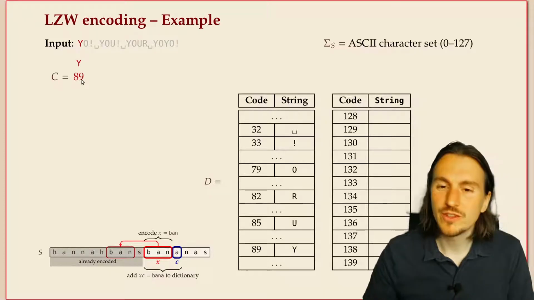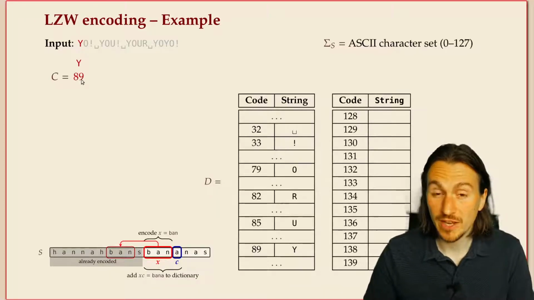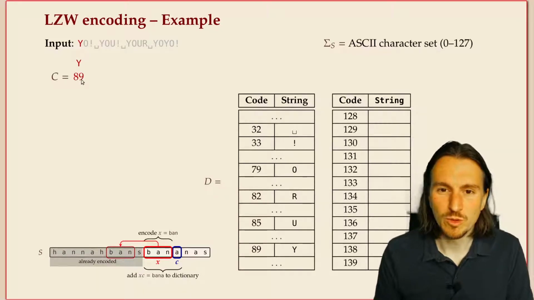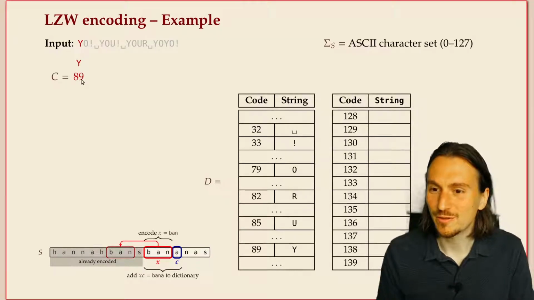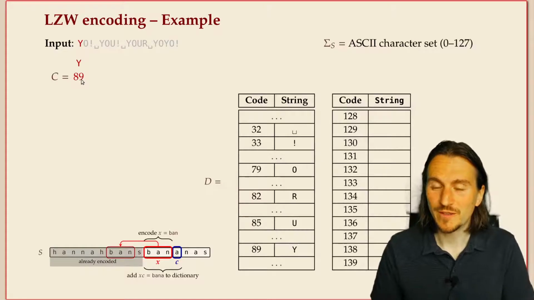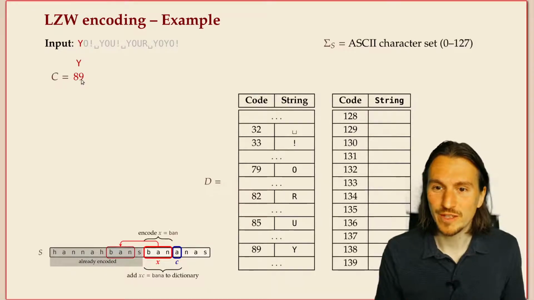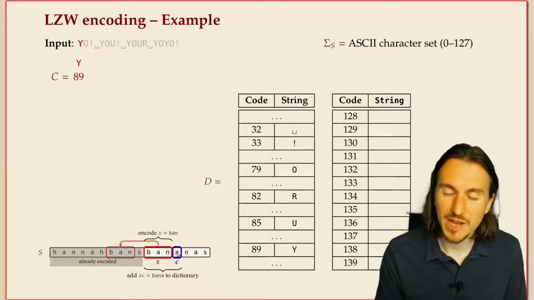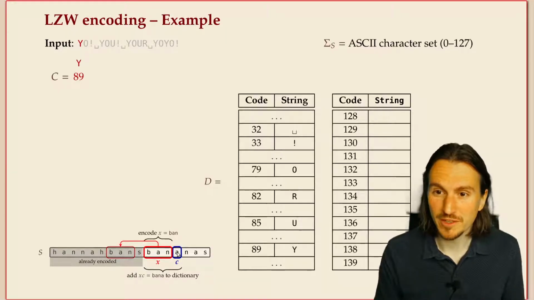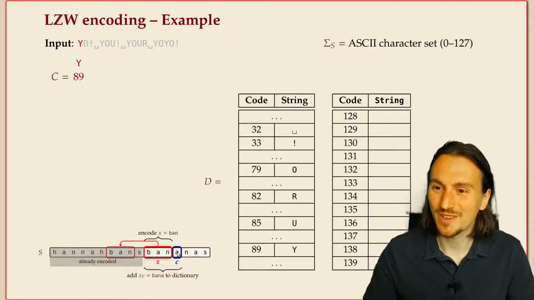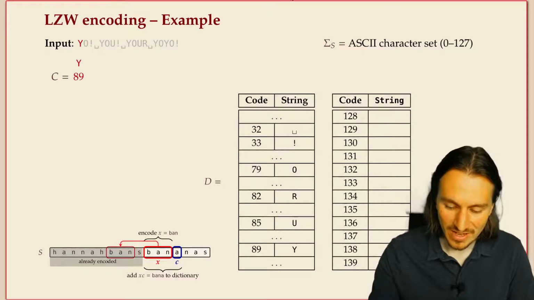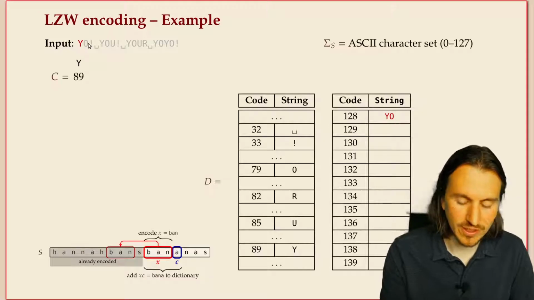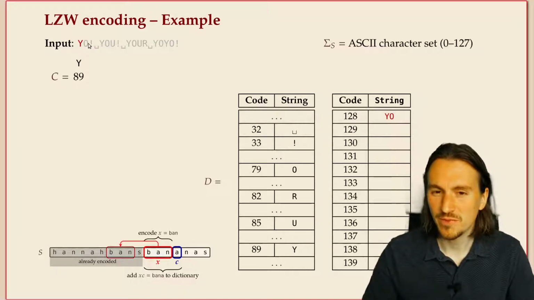So we would first store 89 as our first code word, and then move on with the next phrase. But before we do that, we have to add a new phrase to the dictionary. Remember, whenever we encode something, we add a new phrase with one more character added to it. So the first thing we add here is yo, because the next character is an O. Okay, that's how it goes.